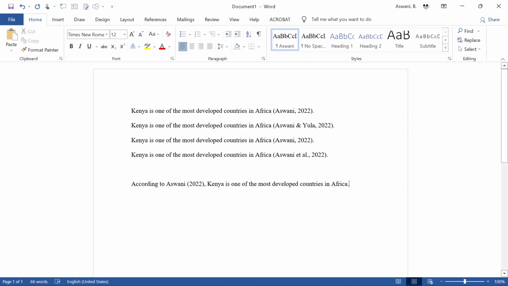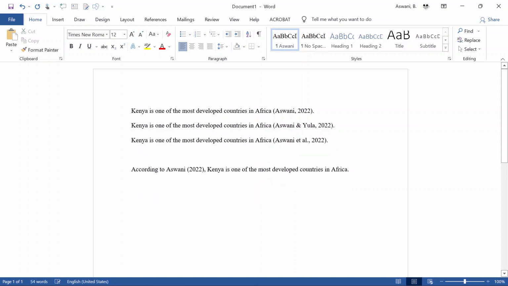So if there are two authors, we'll have according to Aswani and Eula. There's always a comma, because of course in English, according to must be followed by a comma.